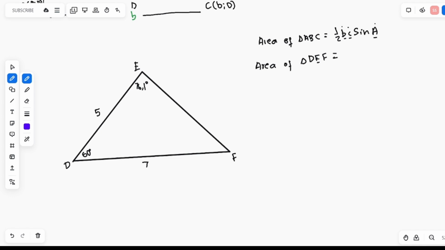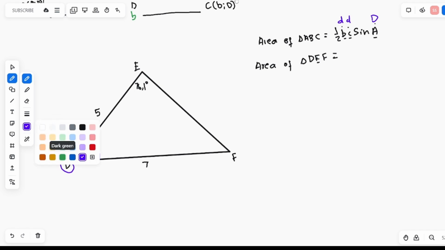Even in this case, we must have three. So in this case, we have this angle, which is angle D. Obviously, we can't be putting a D here or a D here, right? So we are only going to have sine D. The other sides, they are going to name themselves.